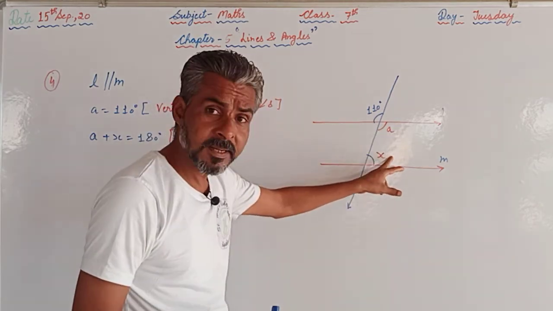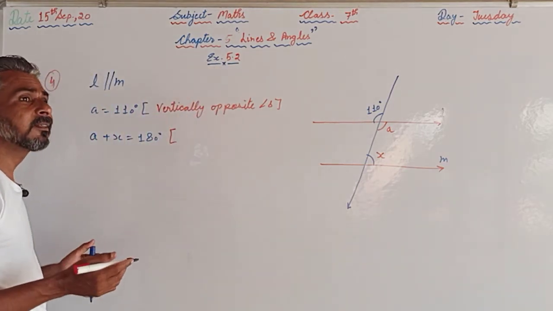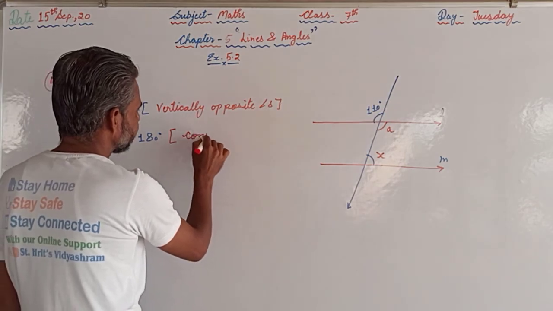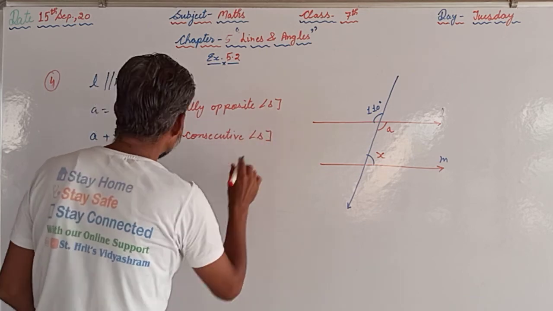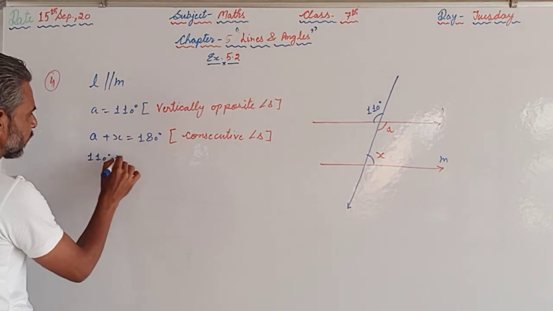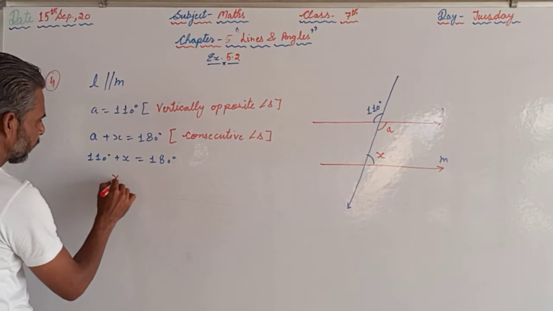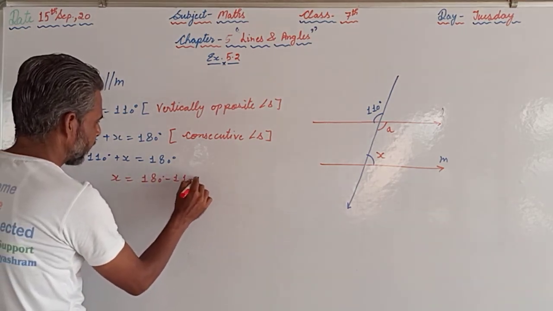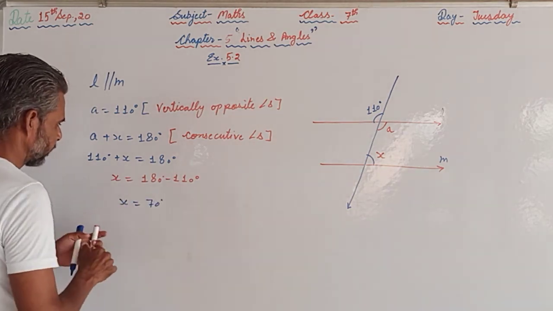These two are interior angles on the same side of the transversal, and these angles are known as consecutive angles, and their sum is 180 degrees. So these are consecutive angles. So here the value of A we know, 110 degrees plus X is equal to 180 degrees. From here, 180 degrees minus 110 degrees. So we can get that X is equal to 70 degrees.